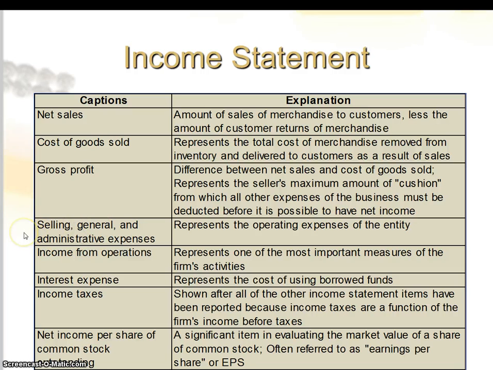Selling and general administrative expenses. So for someone like Starbucks, that would be advertising. For someone like Harley, that might include sales commissions, things of that nature. When you take selling general administrative expenses from your gross profit, you arrive at income from operations, which is a key number for investors. Taxes, I think, are self-explanatory.